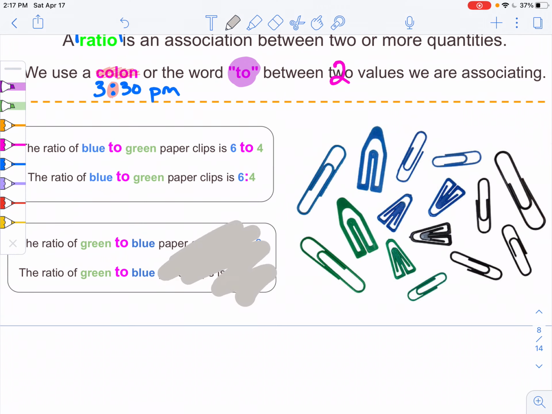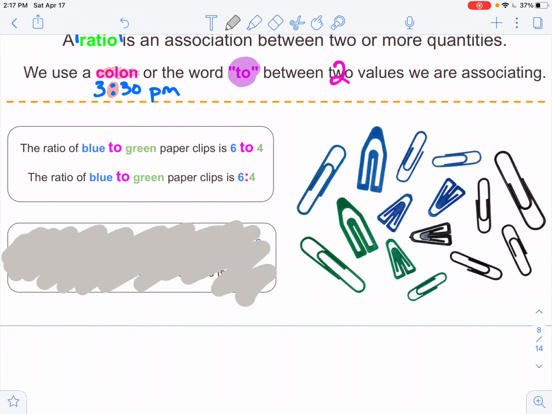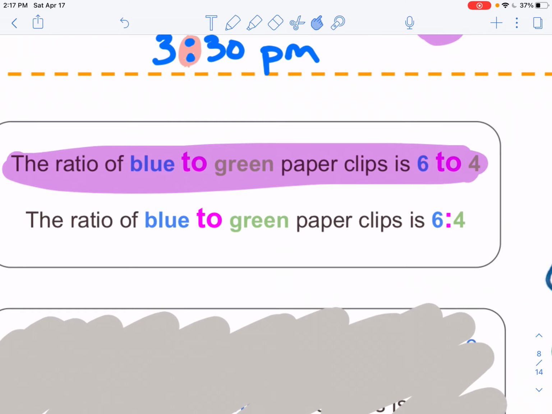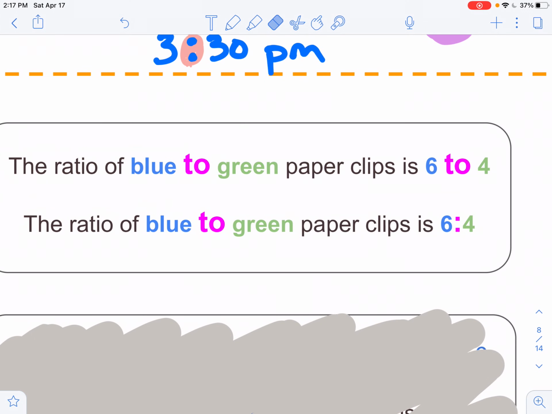I'm going to cover up this part on the bottom. We'll get there. All right. So the very first sentence in this box, right here, it says the ratio of blue to green paper clips is 6:4. All right. So let's break down this sentence a little bit more. I see T-O. It's in the middle of the word blue and the word green.